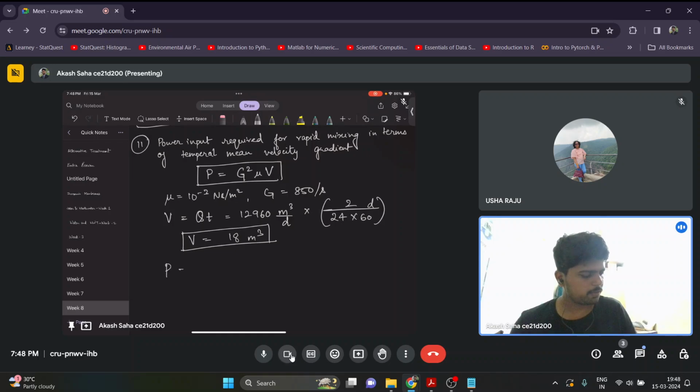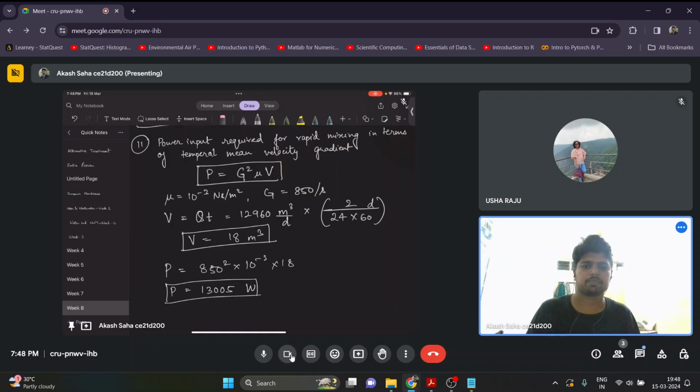So now P will be 850 square into 10 to the power minus 3 into 18. So my P value will be 13005 watts.